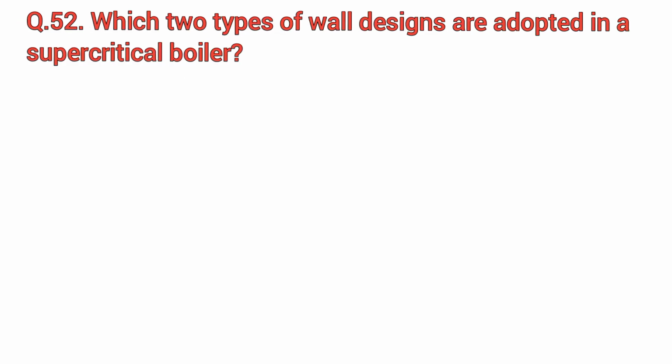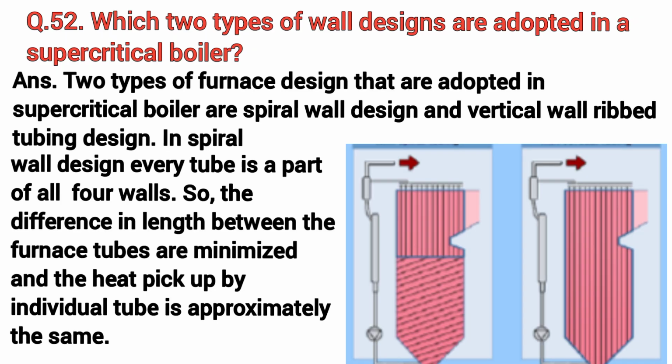Which two types of wall designs are adopted in a supercritical boiler? Two types of furnace design that are adopted in supercritical boilers are spiral wall design and vertical wall ribbed tubing design. In spiral wall design, every tube is a part of all four walls.